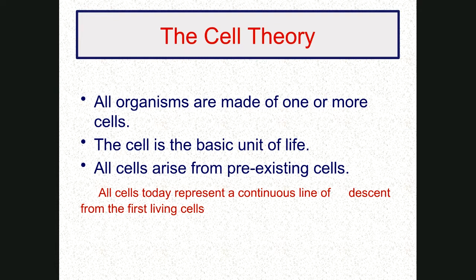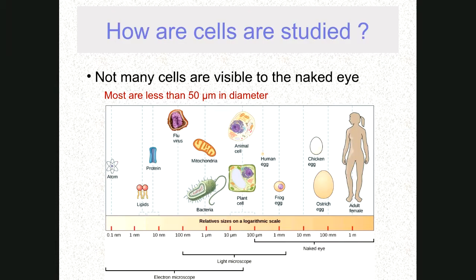So let's see what we can see with our eyes. You can see the human, some chicken eggs, some frog eggs, even some human egg, but you cannot see the structure that is inside. You cannot see, for example, this little organelle that exists in the cell.